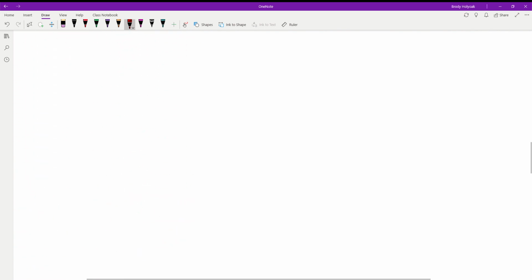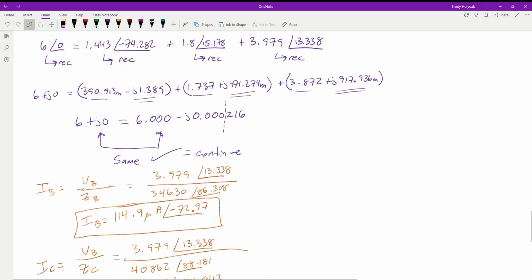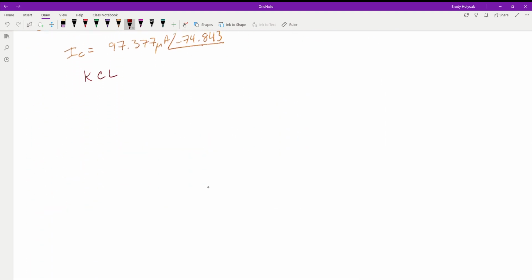So when we come back down to our working area, if I can get my screen to scroll, we want to prove that I total is equal to the current flowing through branch B plus the current flowing through branch C. So we'll put these values in and then we'll solve them down. Our I total was 212.247 microamps at an angle of negative 74.282 degrees.